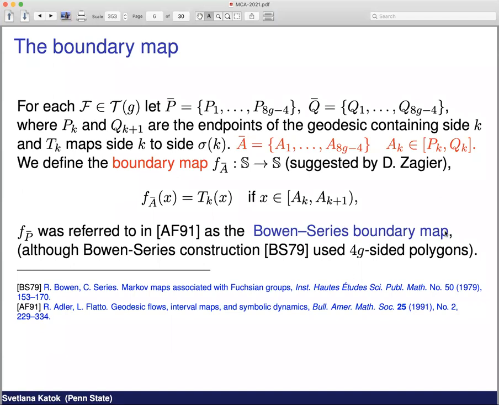Now, of course, this was considered by Bowen and Series exactly. They used 4g-sided polygons, but Adler and Flatto already considered 4g-minus-4-gons. Okay, and then of course you can look at F sub Q, but nobody considered F sub A before.